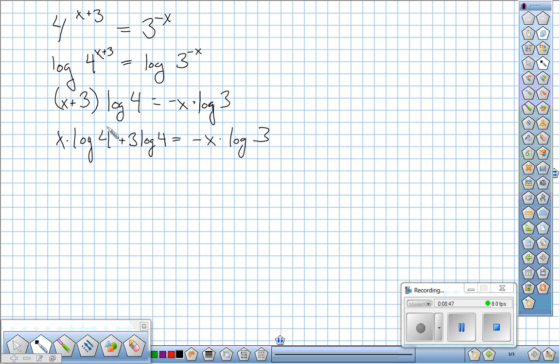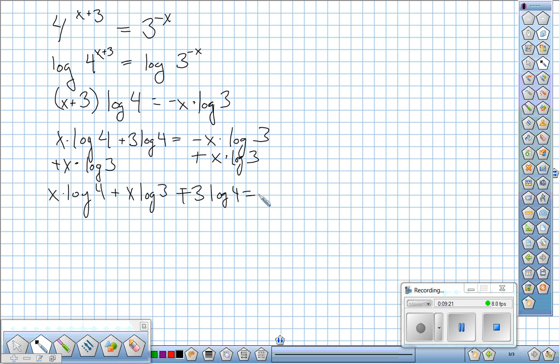Since I don't have the same number in there, I can't actually add them. So I will have x times the log of 4 plus x times the log of 3 plus 3 times the log of 4.